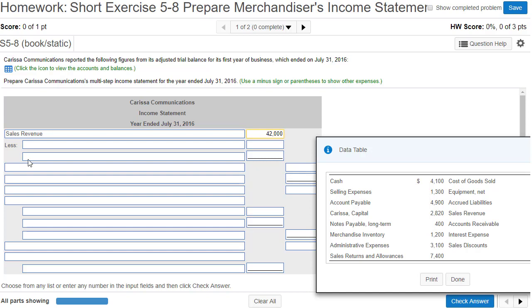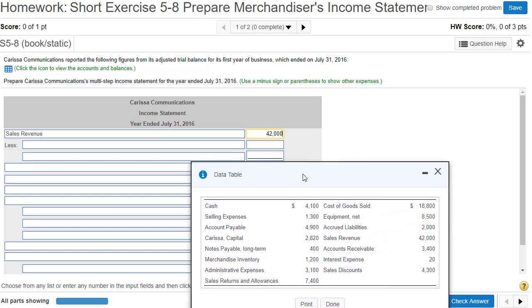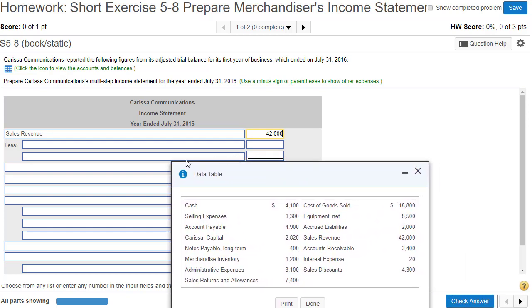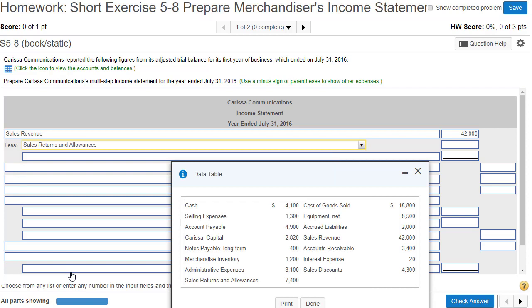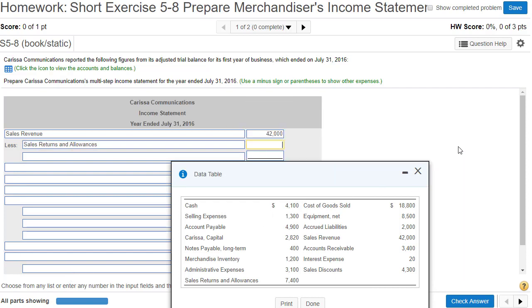Do you remember the two things that offset or are contra revenues? The two things that would lower or offset revenues are sales returns and allowances. So if we make a sale and then a customer returns it, obviously we have to lower our sales because of the return. And this company has sales returns and allowances of $7,400.